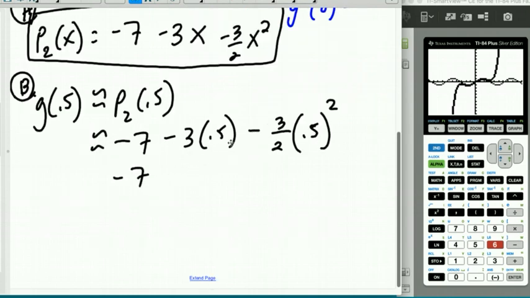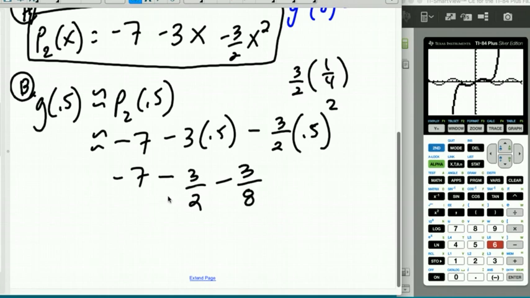It's up to you whether you want to make this a 3/2. Like, there's an argument for either case, whether you're a decimal person or a fraction person. I'm a bit more of a fraction person, especially when I have 3/2 times a fourth, right? Because that's what a half squared would be, a fourth. So for me personally, I'm probably turning everybody into a fraction, but it's up to you. It doesn't really matter. The common denominator is definitely going to be an 8, right?